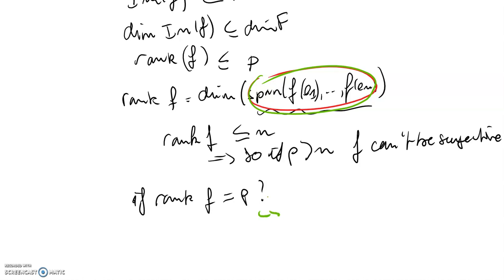So we then have that this does imply that the image of f is actually equal to the whole set.